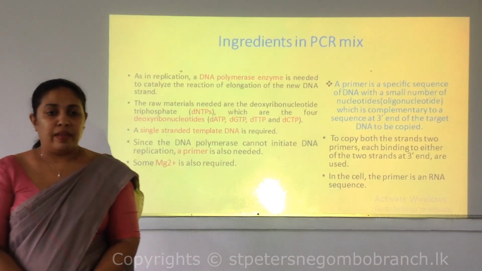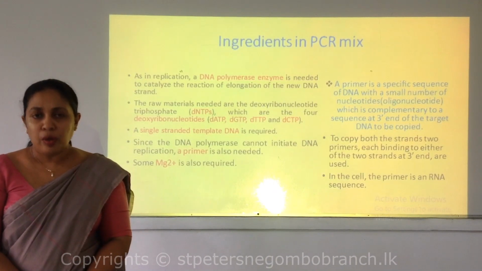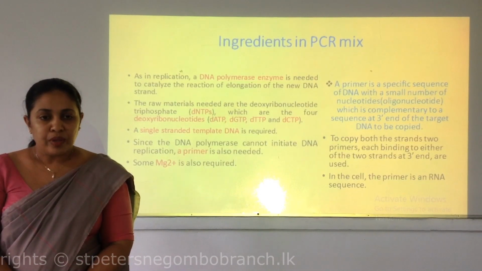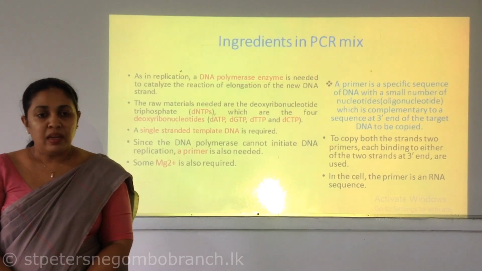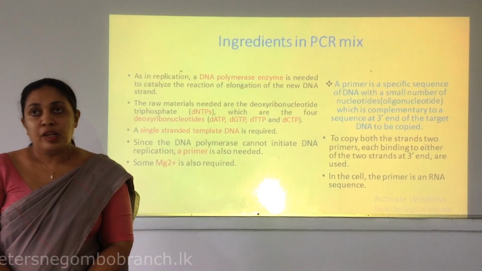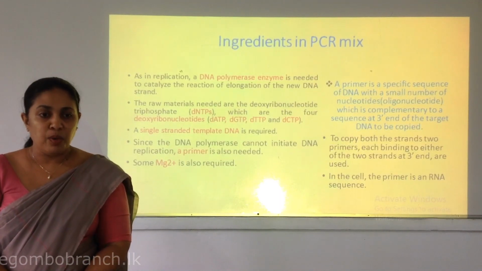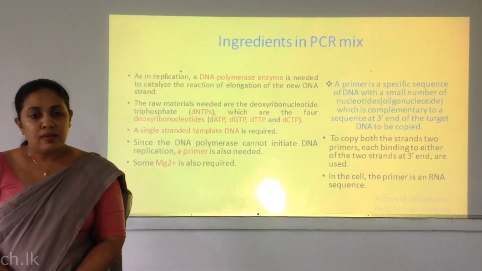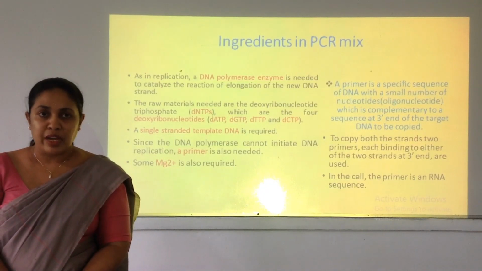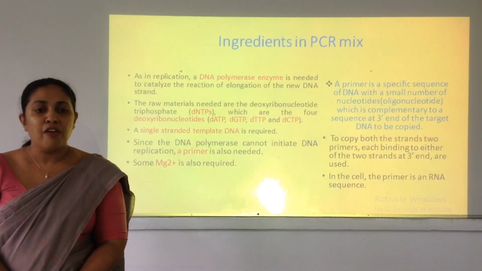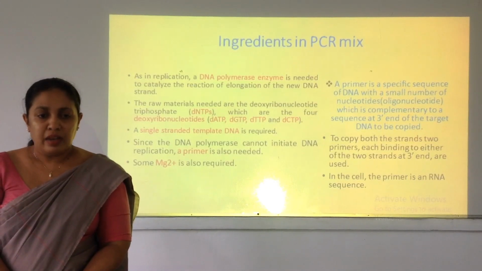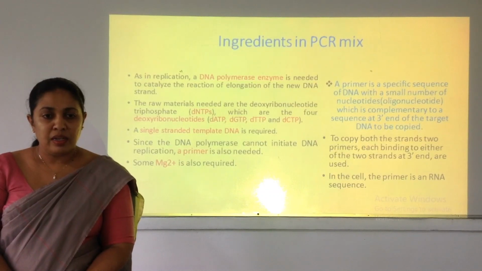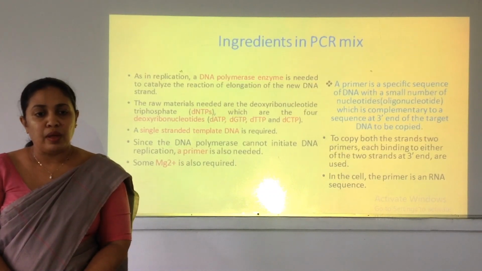And other than that, here we are going to copy DNA. For copying there should be materials. So there should be dNTPs, deoxyribonucleotide triphosphates. Because there are 4 types of nitrogenous bases in DNA, there are 4 types of dNTPs: dATP, dGTP, dTTP and dCTP.